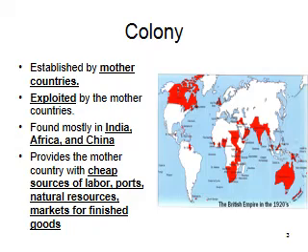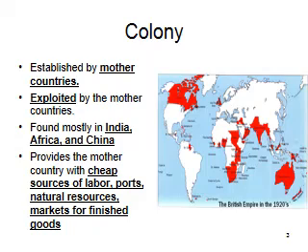So some vocabulary, some terminology here. The word colony means it was established by a mother country. Usually it is exploited, meaning it's taken advantage of by the mother country.